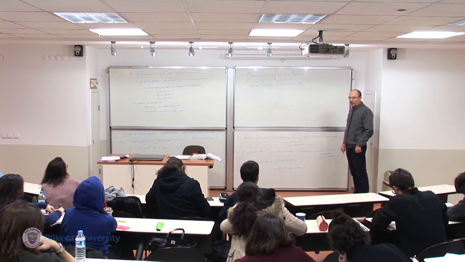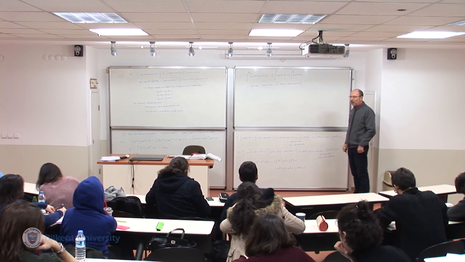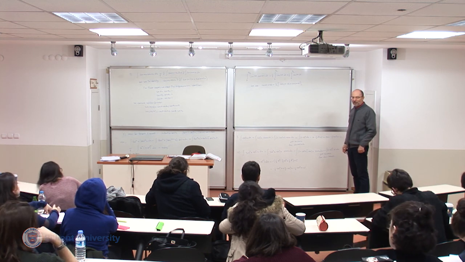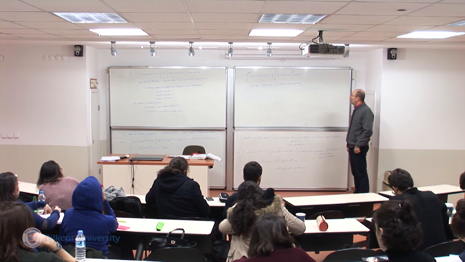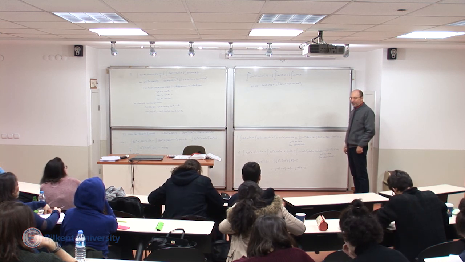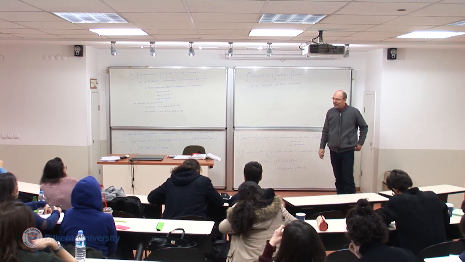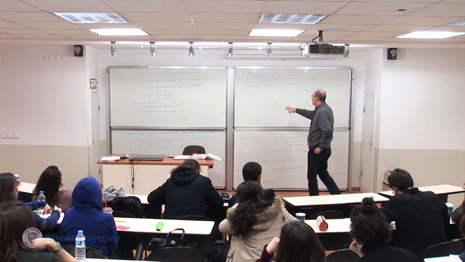Okay, so what is the first one? Antiderivative is plus or minus sine times some constant. What is the antiderivative of cosine 5t? Sine 5t, and then you do this.